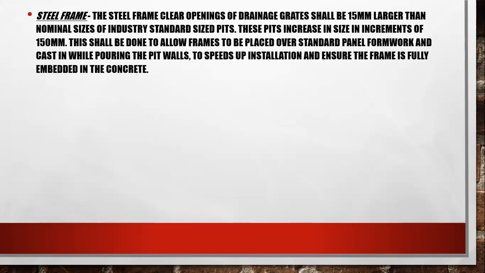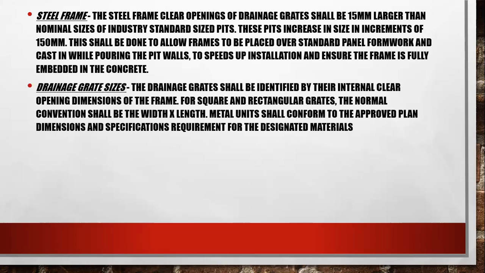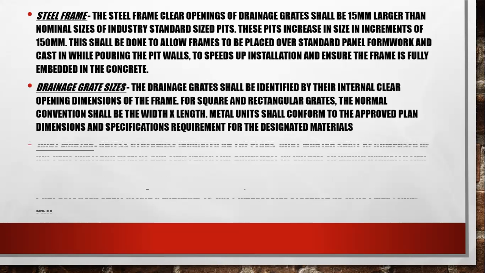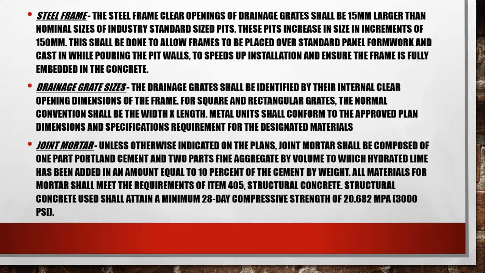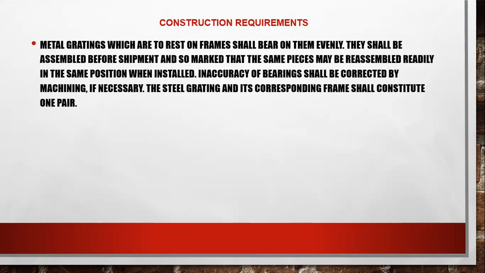Next is the steel frame. Next is the drainage grate sides. Next is the joint mortar. So the requirements: metal gratings which are seated on the frame shall bear on them evenly.